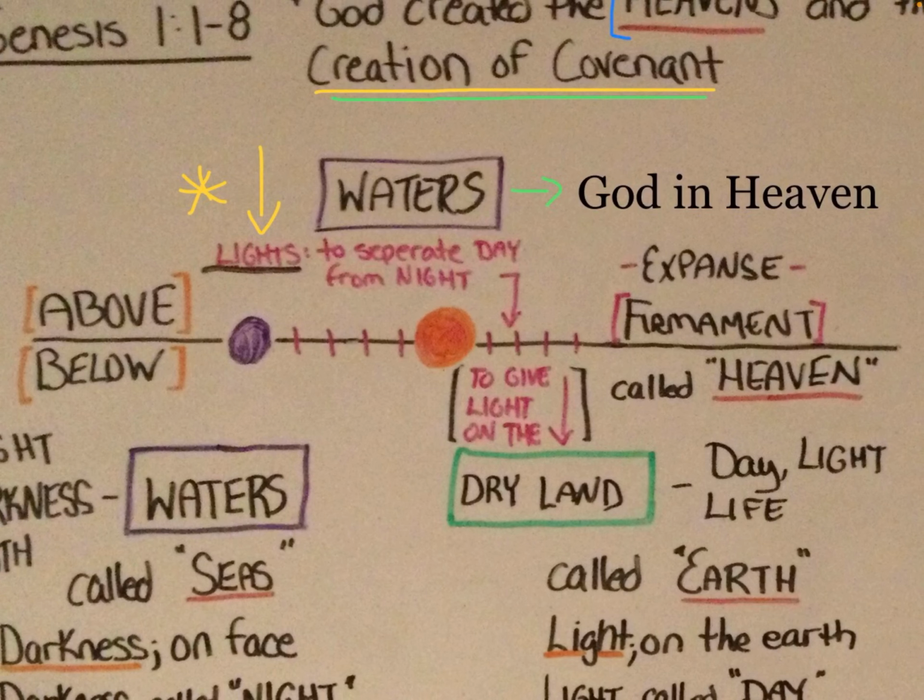We have the heaven above, the waters above, the waters of life that flow from the heaven above onto the dry land to give it life, to give it light, separated from the darkness.